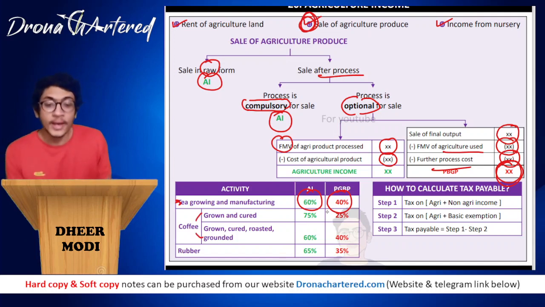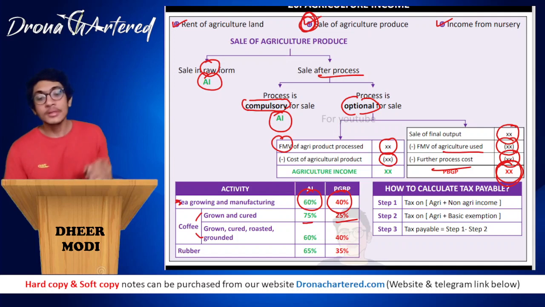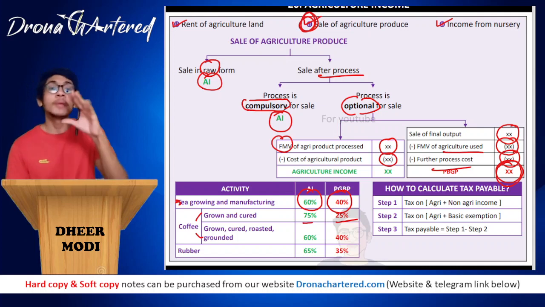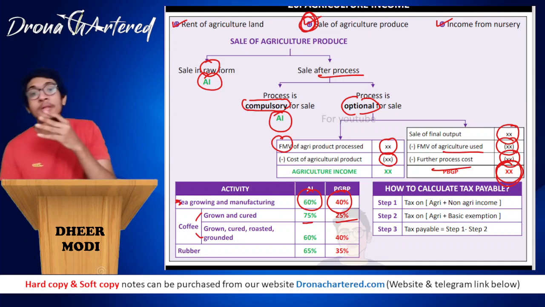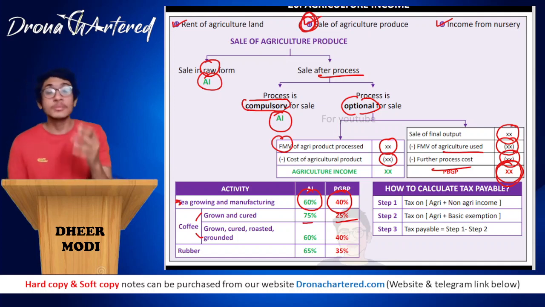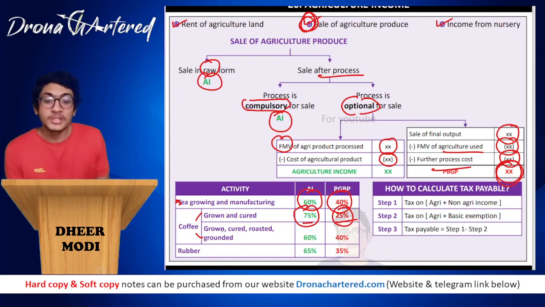If it is grown and cured, then it is 75% agriculture and 25% PGBP. What you have to remember in this is always agriculture income has your higher share. So you do not have to get confused between whether 60% is agriculture or 60% is PGBP. Always the higher percentage is agriculture. So if your coffee is grown and cured, 75% is agriculture income and 25% is PGBP.